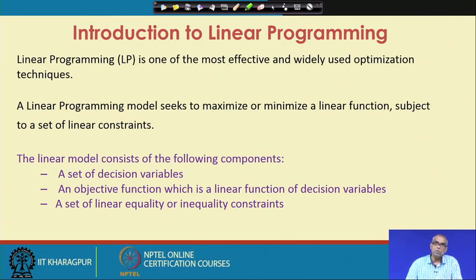The decision variables can take on any real values. So, to summarize, a linear programming problem will have a set of decision variables, an objective function which is a linear function of decision variables, and a set of linear equality or inequality constraints.